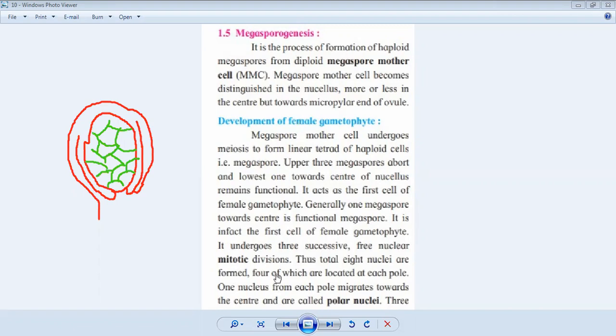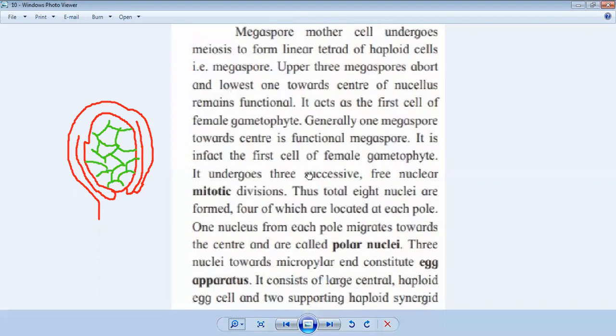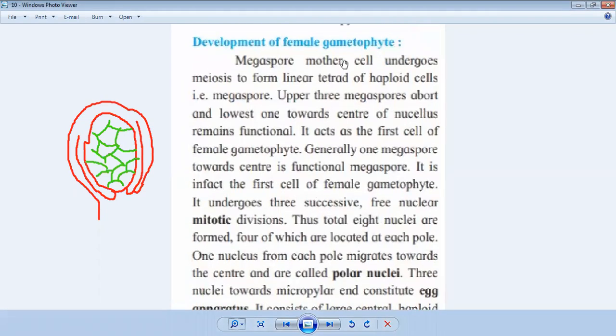Now let's talk about how this female gametophyte is developed. The megaspore mother cell undergoes meiosis to form a linear tetrad of haploid cells, that is, megaspores. The cells here undergo meiosis, a type of cell division, which produces a linear tetrad of haploid cells.